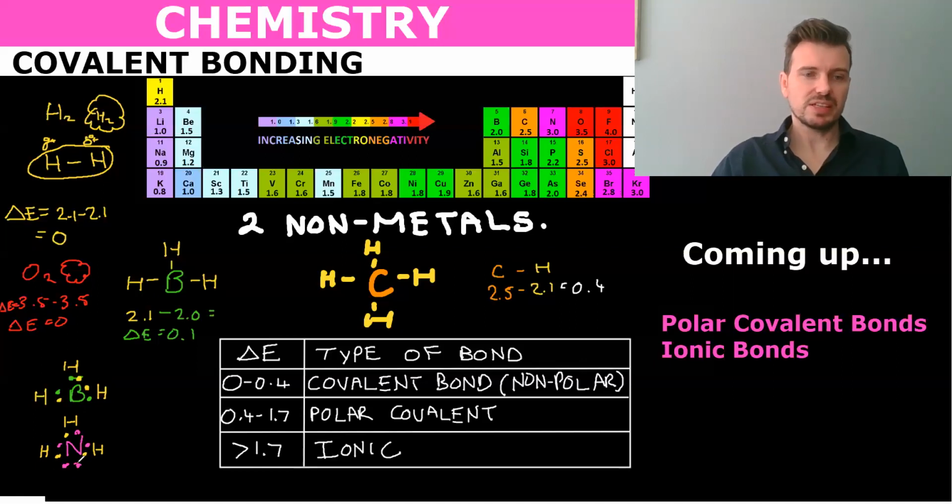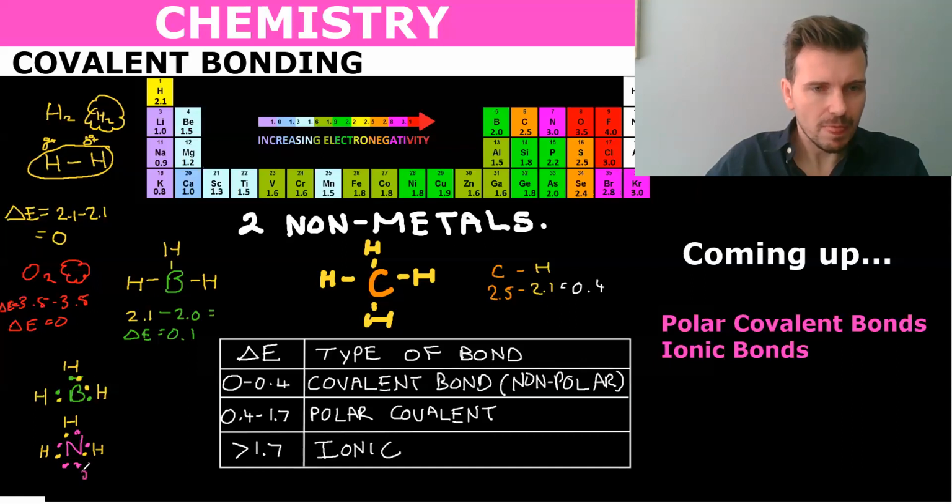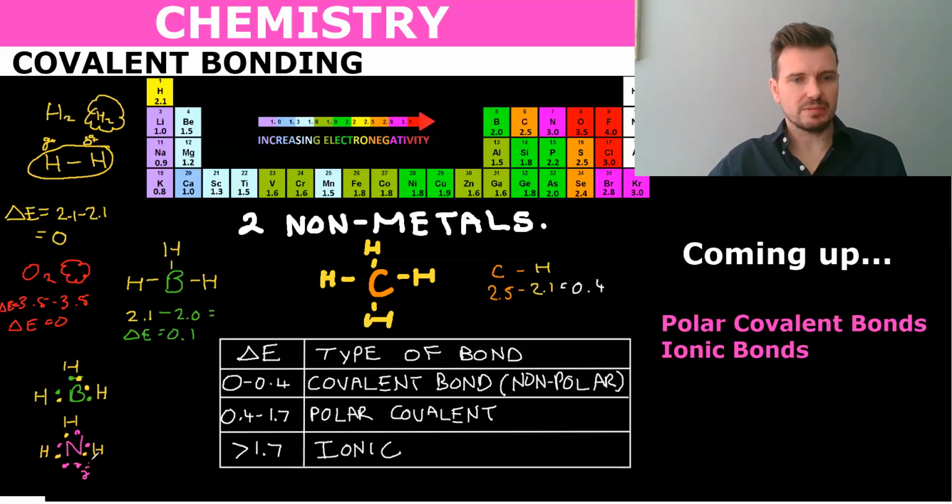But now what we see is there's this lone pair. And so we have what's called an overall negative charge on the central atom, and on the outer H we could have a plus charge.